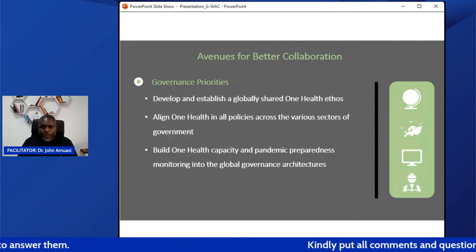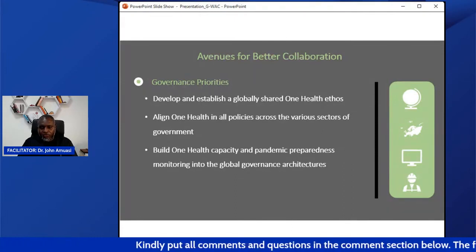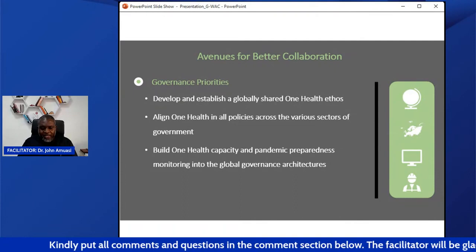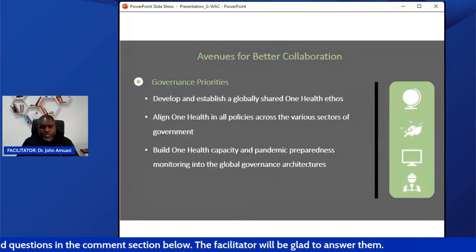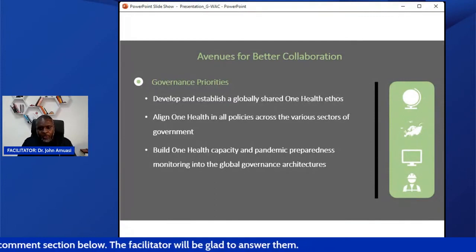And another thing is just being able to look at aligning some of these One Health policies across various sectors, because once it's aligned, then it's easier for collaboration to take place because everybody sees quite easily the role that they have to play in the collaboration.